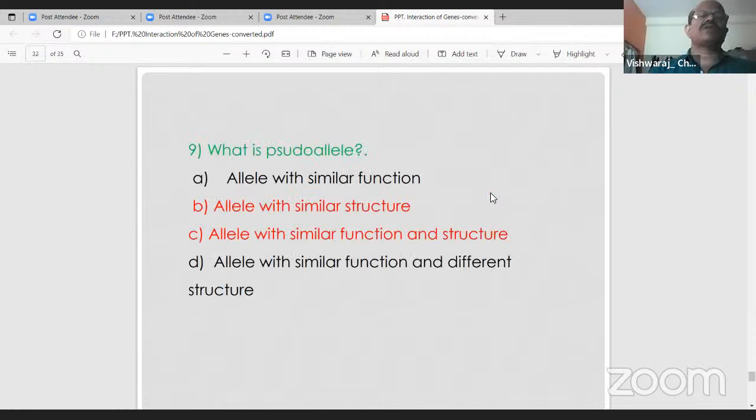And ninth question, what are pseudo alleles?